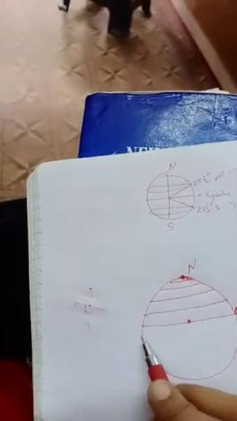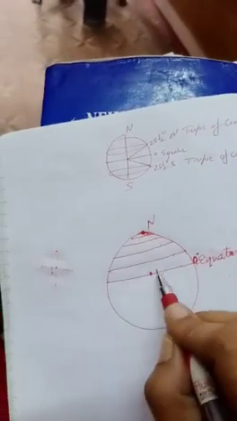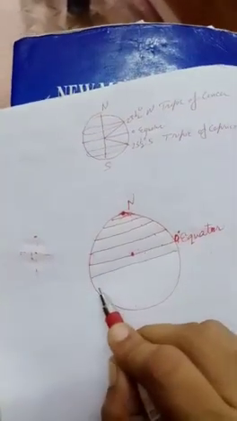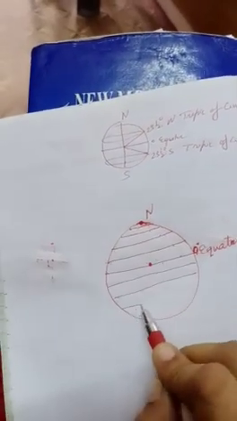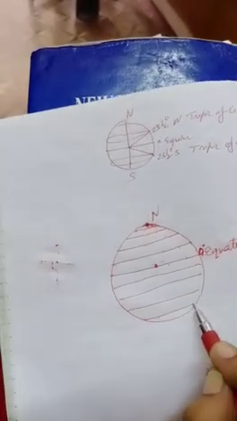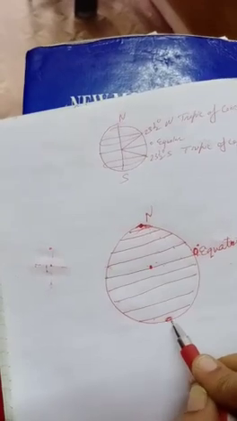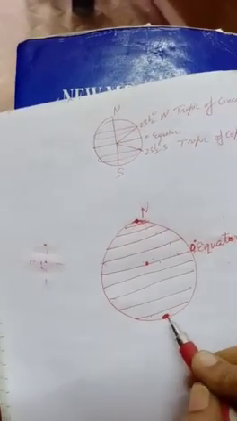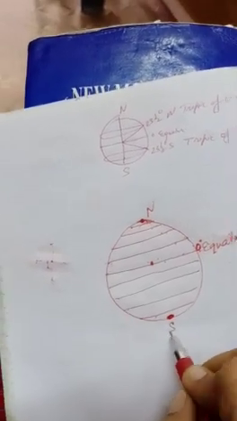Same way, if we move away from the equator in the south direction, the latitudes are decreasing, and at last it remains only a dot, that is the South Pole.